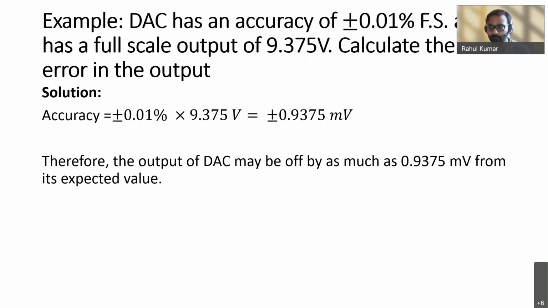So that difference is your linearity error. Okay, so again you have a question based on this. You have a DAC which has an accuracy of plus minus 0.01% full scale and has a full scale output of 9.375 volt.